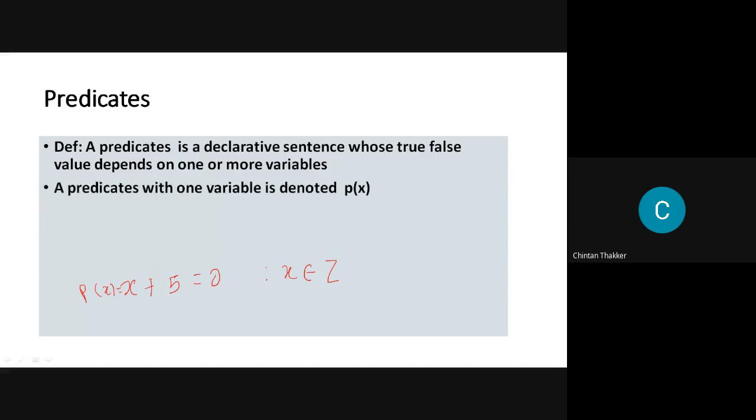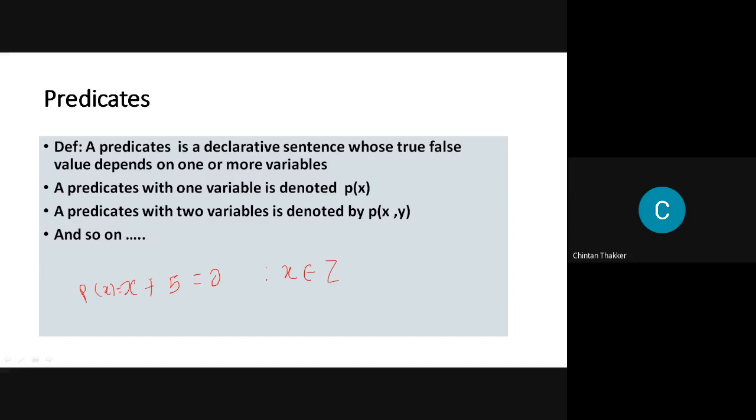If we have one variable, then it is called a one variable predicate, and it is denoted by p of x. If we have two variables, it is called a two variable predicate, denoted by p of x comma y. Then so on: if we have three variables, it is called a three variable predicate, denoted by p of x comma y comma z.